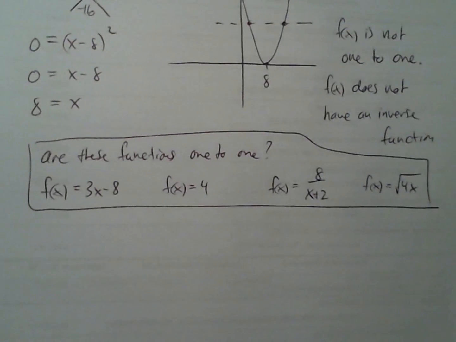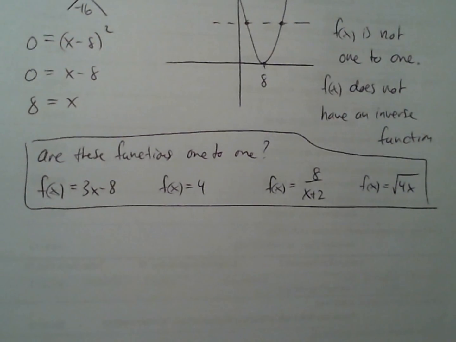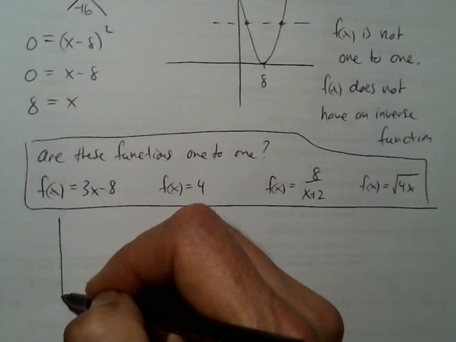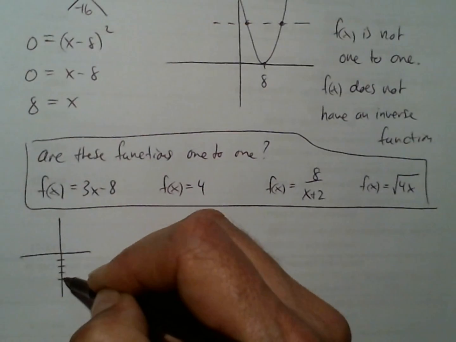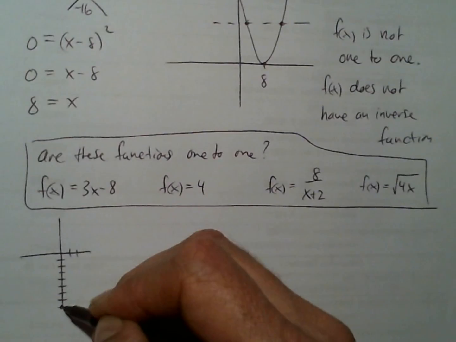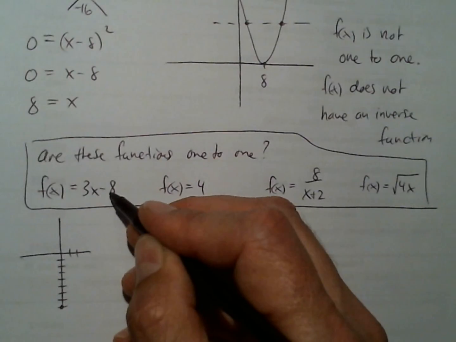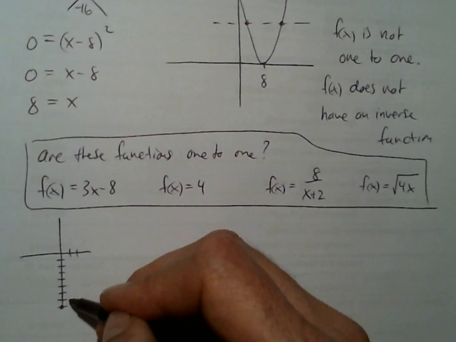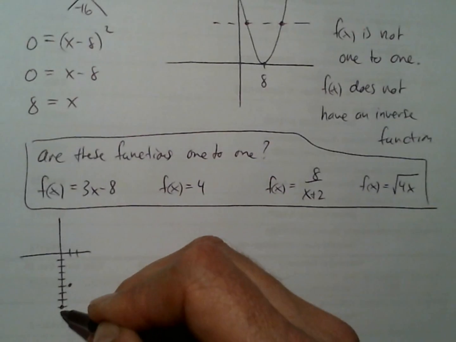All right. So pause, draw these graphs, and do the horizontal line test. Slope 3, y-intercept -8, 1, 2, 3 over 1.